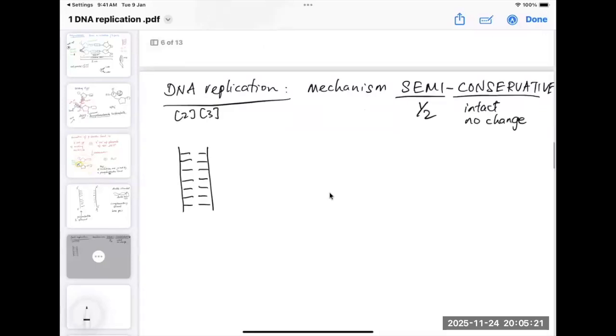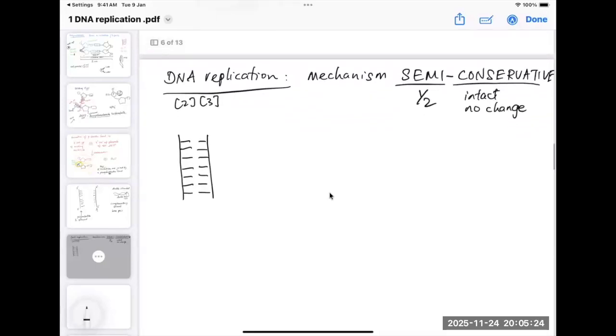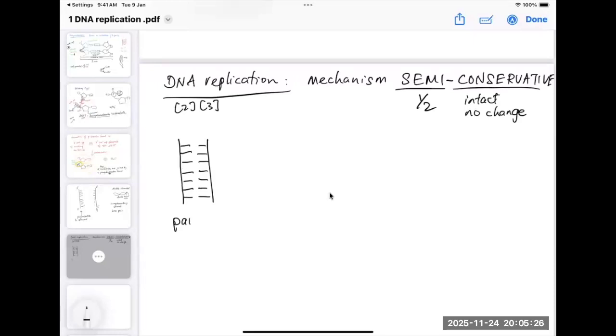So it starts here like that. We call this parental DNA. Why do we call it parental? It will be the template for the new one. The one that starts first and then gives birth to something is always the daughter, so it's always parent, daughter.